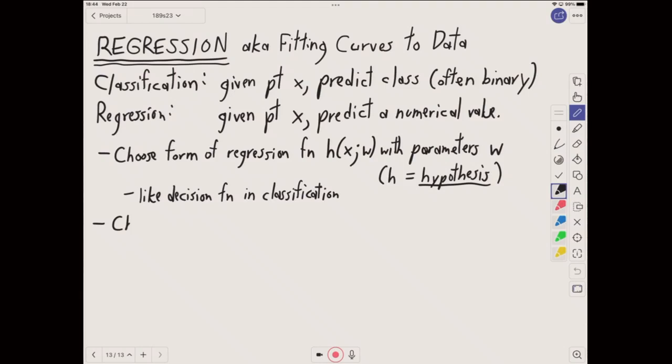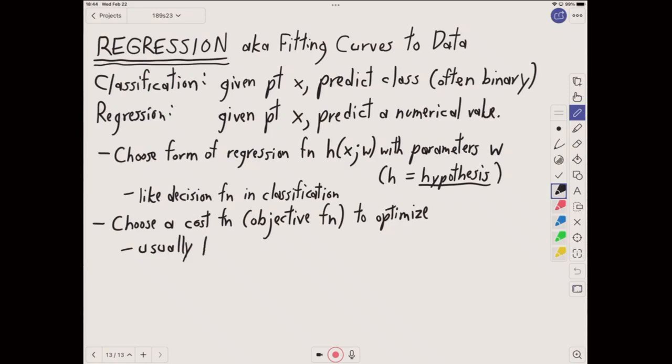The other thing we need to choose is a cost function to optimize. The cost function can also be called an objective function, as optimization people often do. And usually, the cost function will be based on some loss function. So there will be two parts here.